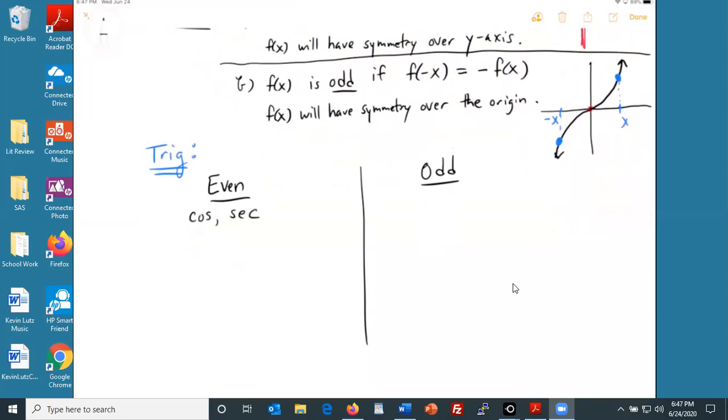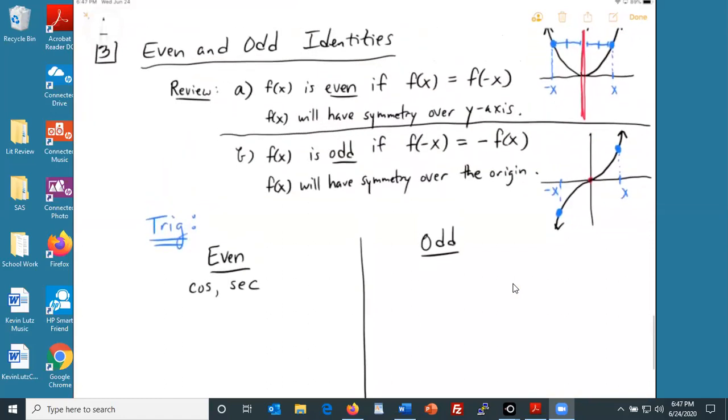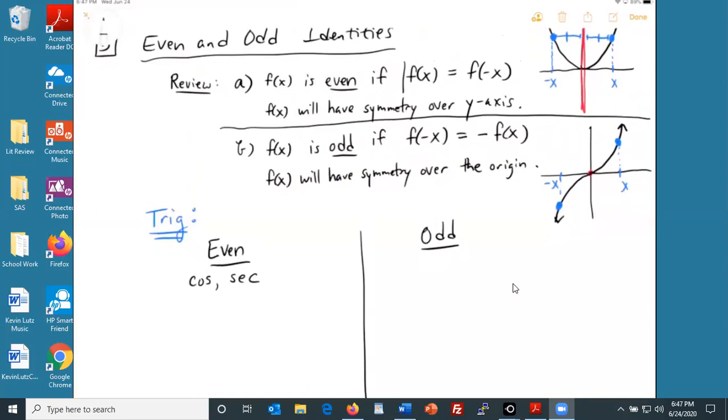More specifically, let's write them using f of x notation, but instead of f, you would put cosine. So it'd be cosine of theta equals cosine of negative theta, and secant of theta equals secant of negative theta.